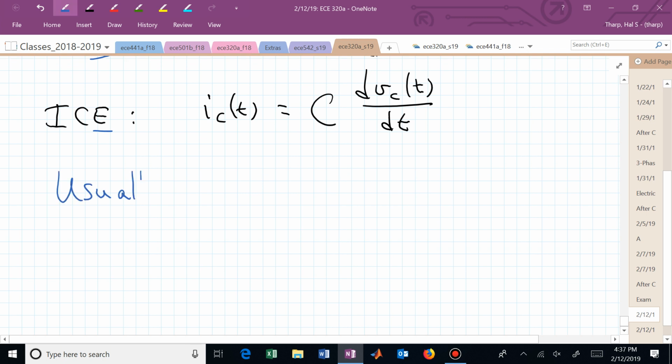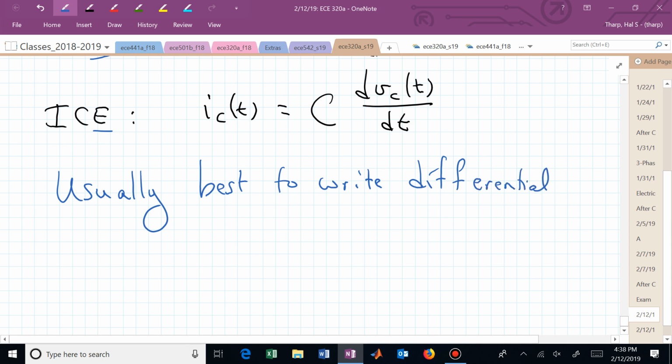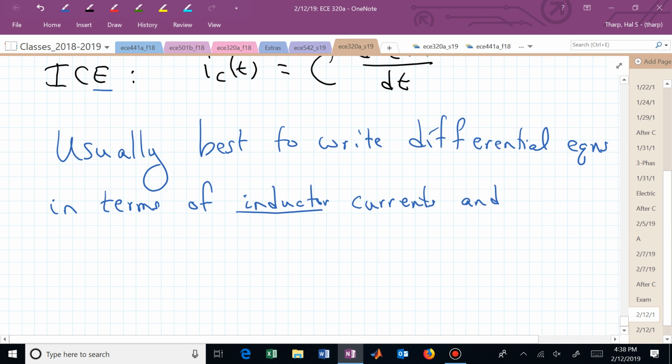Usually best to write differential equations in terms of inductor currents and capacitor voltages, from Eli and Ice.